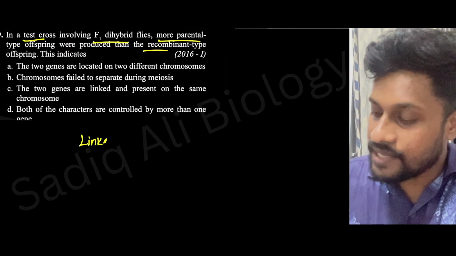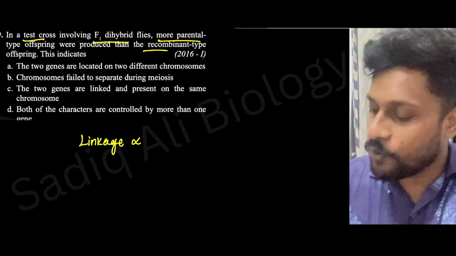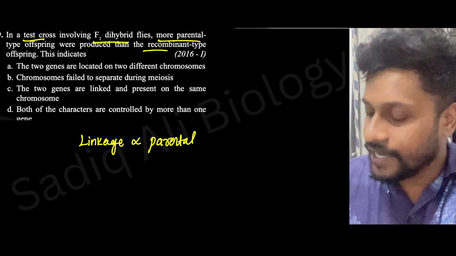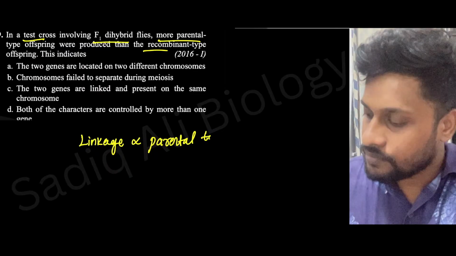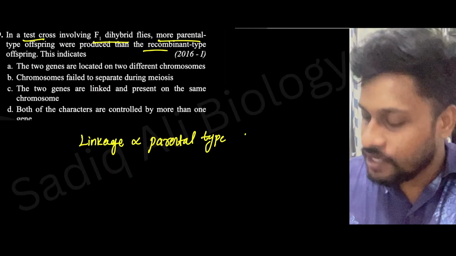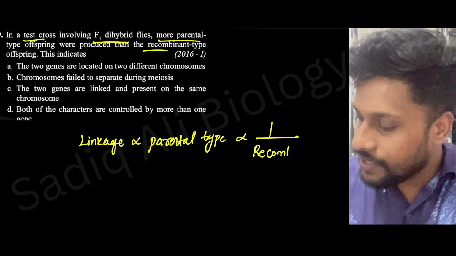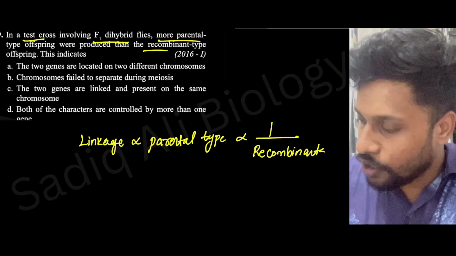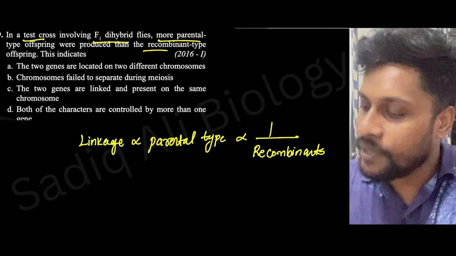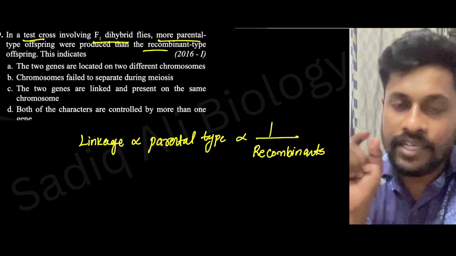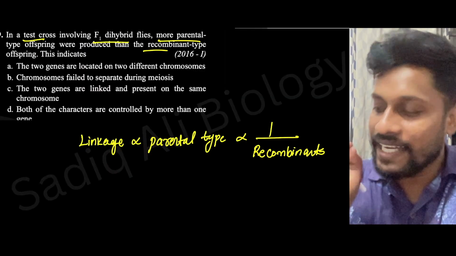You can remember like this. Linkage is directly proportional to parental type offsprings, which is inversely proportional to recombinant types. So here they have mentioned more parental. If there are more parental, it indicates that two genes are linked.